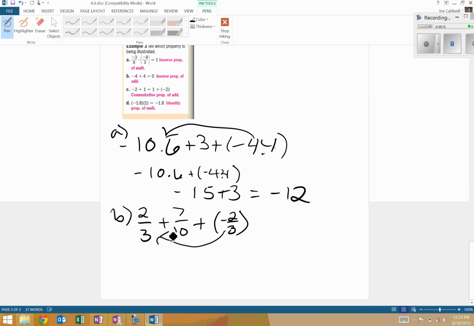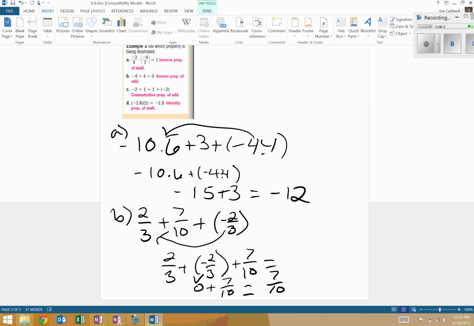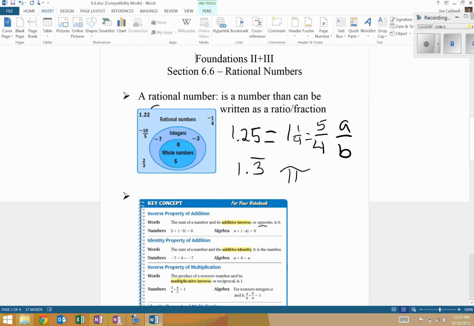So we could use the commutative property, which basically says you're just allowed to switch things, to add these two additive inverses together. And so basically those are going to equal 0 because of our additive inverse property. And then our identity property says anything plus 0 is going to give us the same thing. So that would be an example of both additive properties here.